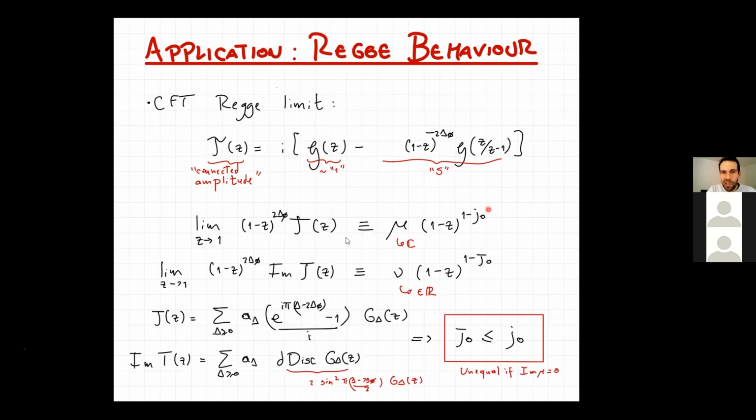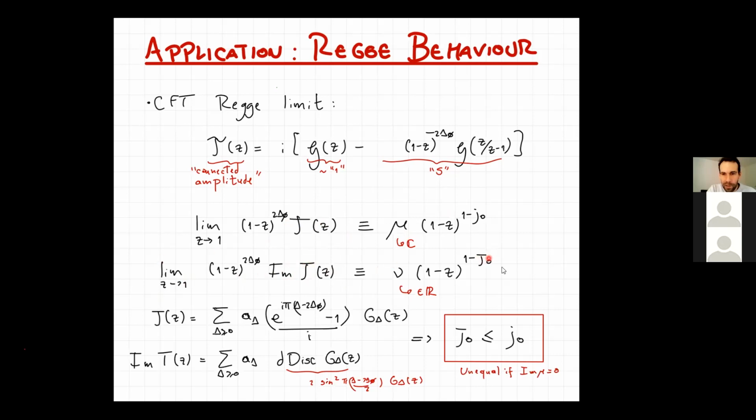Now we defined the Regge limit for the connected amplitude, but we can also define it for the imaginary part of the connected amplitude. All these things have direct analogs in S-matrix theory. So you also usually do this. And the large energy behavior of the connected amplitude is not the same as its imaginary part in general. So we're going to define the same thing for the imaginary part.